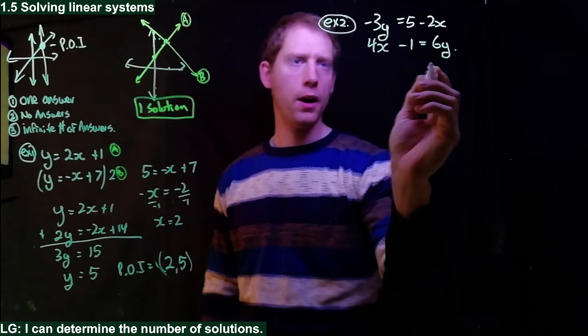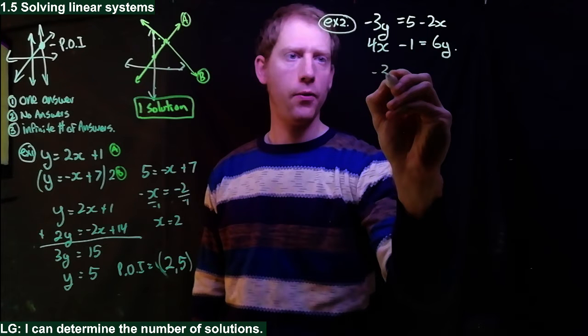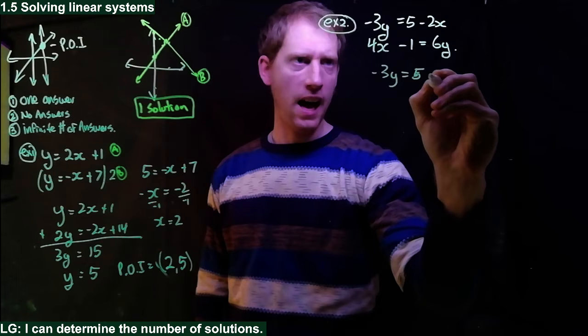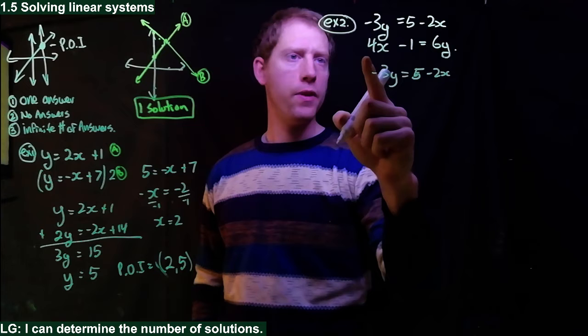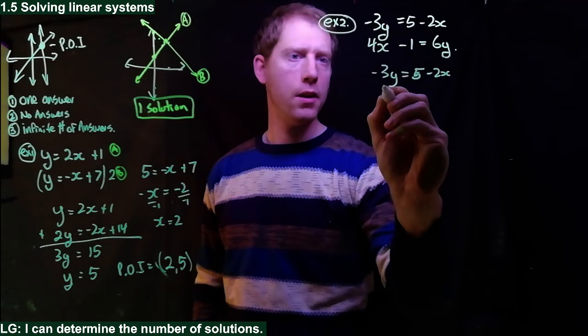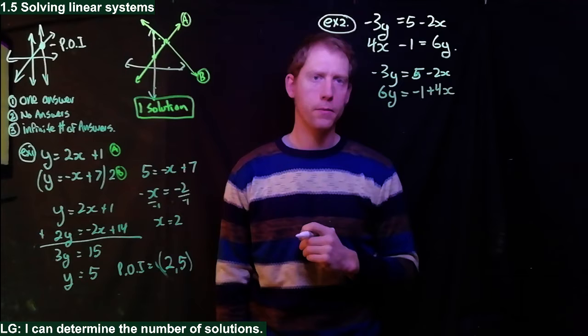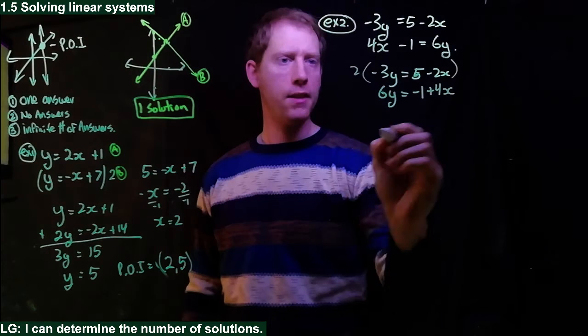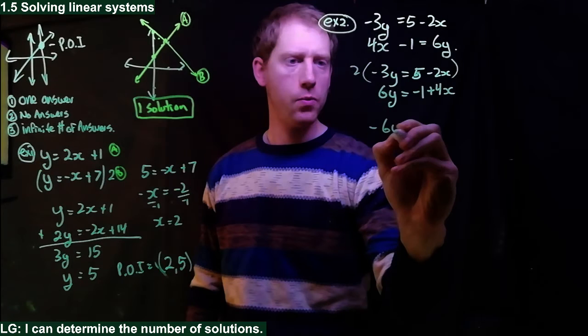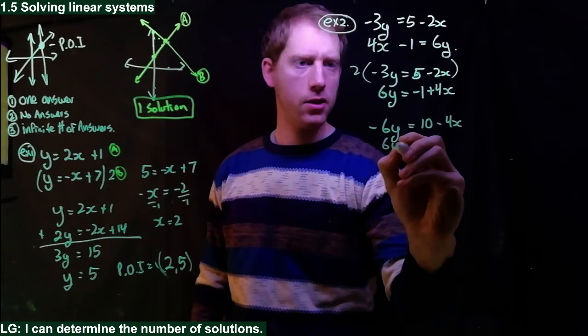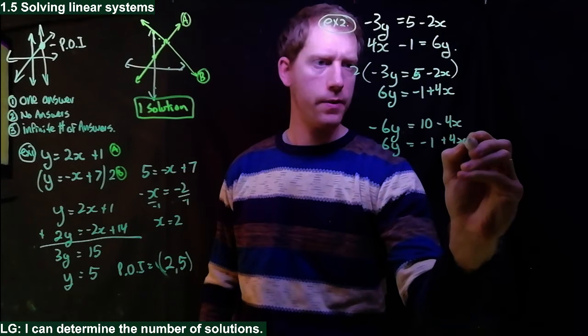So I'm going to rearrange this. We have negative 3y is equal to 5 minus 2x. And then I'm going to move this over here. So this is 6y is equal to minus 1 plus 4x. I can multiply the top by 2 to get the y's the same. So I have negative 6y is equal to 10 minus 4x, and then I have 6y is equal to negative 1 plus 4x.